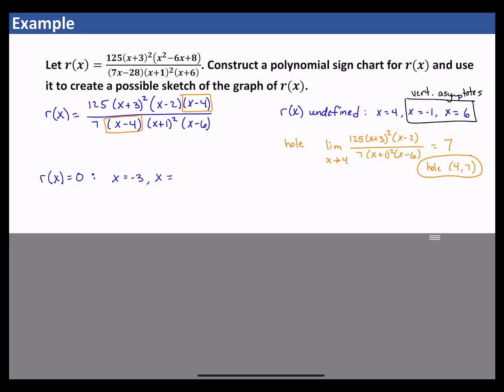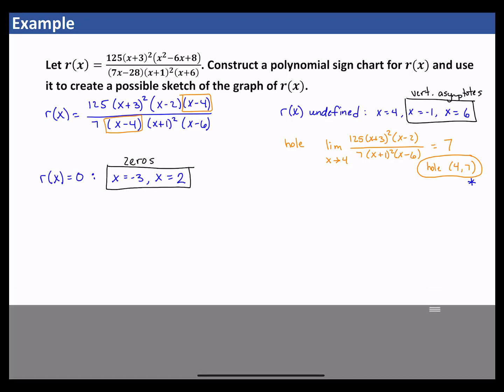And then we also have x equals 2 is another place where the function equals 0. And then as we just analyzed, x equals 4 is actually not a location where the graph of r of x equals 0. There's a hole at 4, and that hole is actually near an output of 7. So I'm not even going to include x equals 4 in this list of values that make the rational function equal to 0. So these are in fact the zeros of r of x.